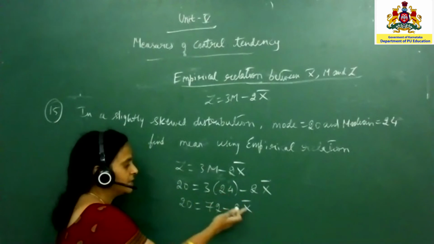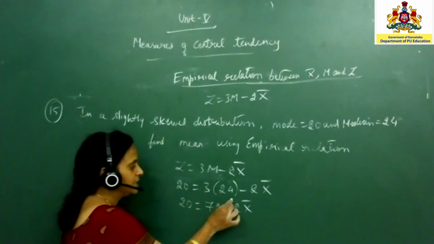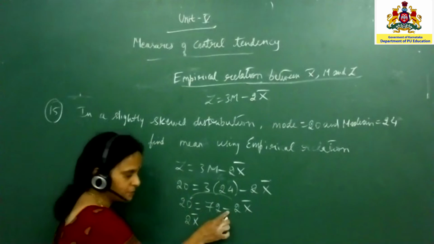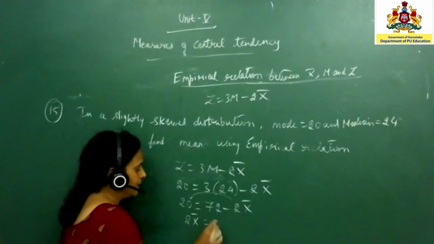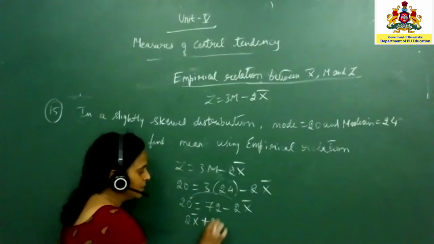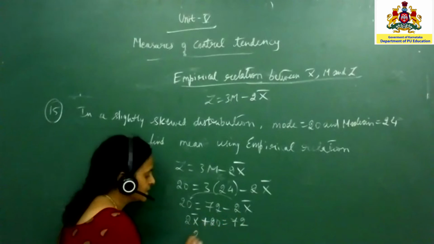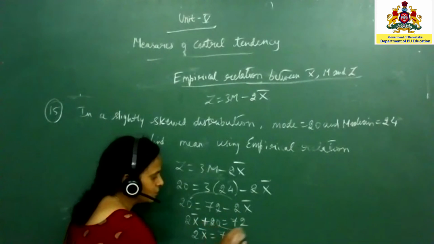Either I can shift x̄ to the left side or shift the number. I'll shift x̄ to the left side, so I get 2x̄ plus 20, since minus becomes plus when moving across. I'm showing two steps here. Next, 2x̄ equals 72, and shifting 20 to the right side it becomes minus 20.